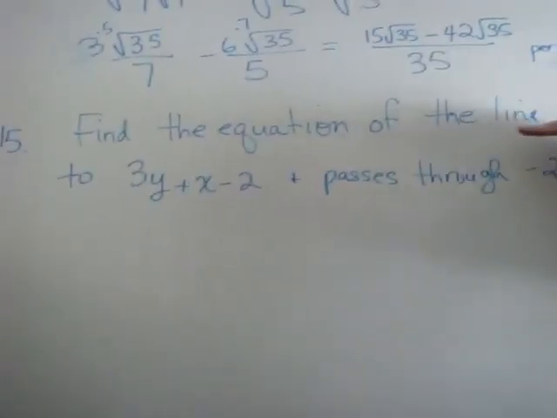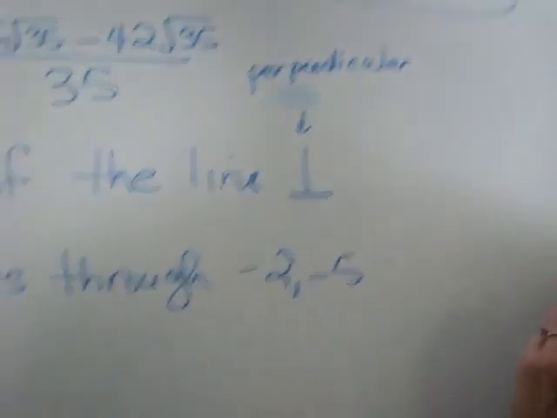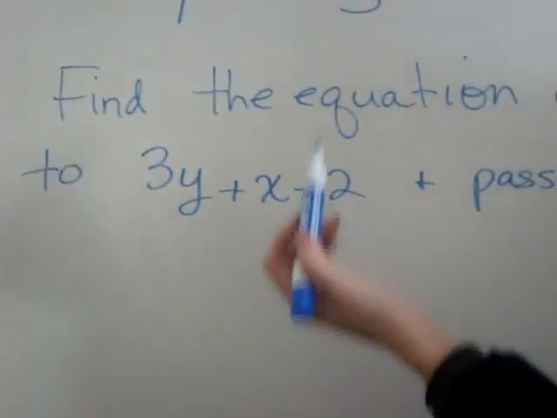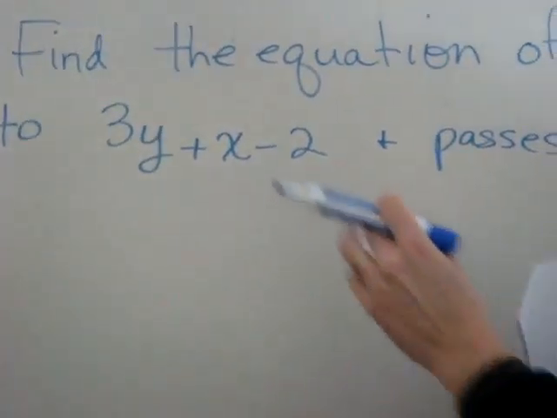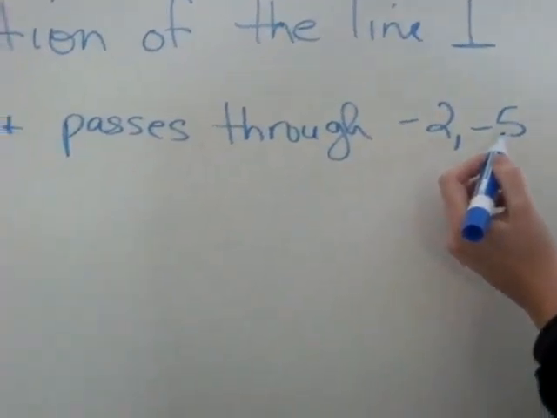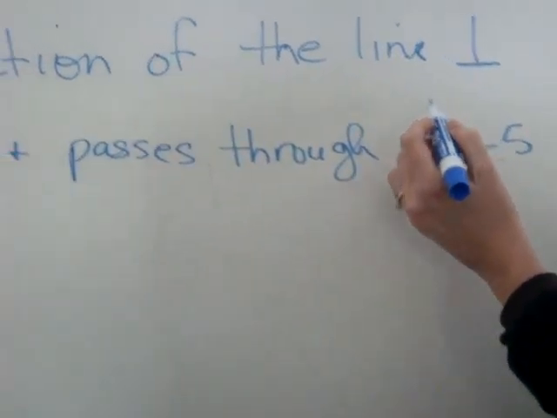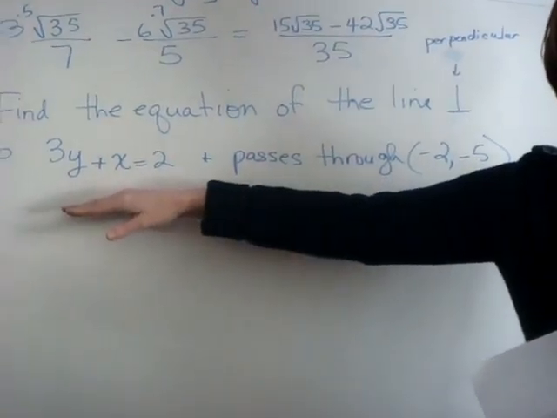Find the equation of the line perpendicular, this means perpendicular, to this line, which I didn't write down correctly. Should be equals to, and passes through the point -2, -5. You want it to be perpendicular to this line.